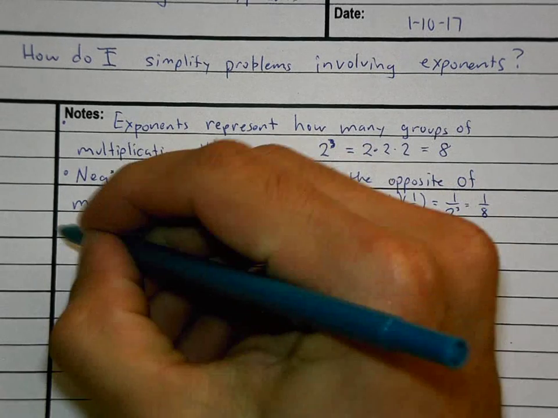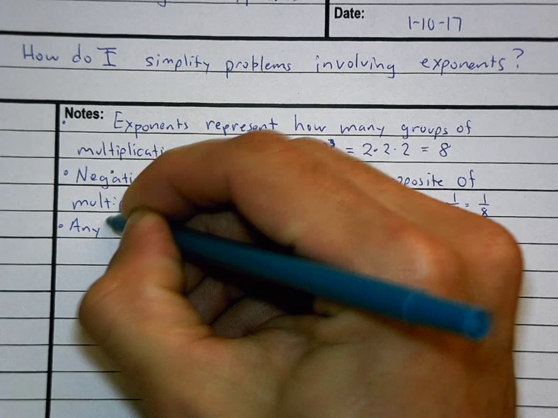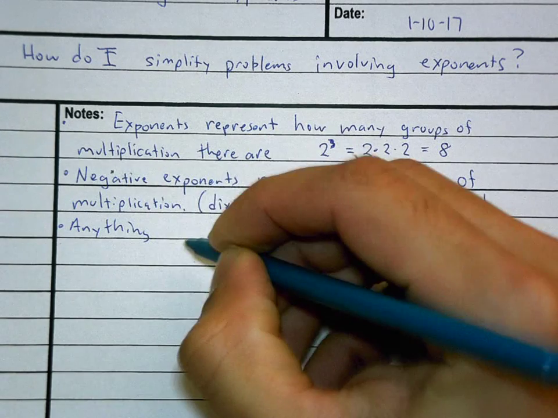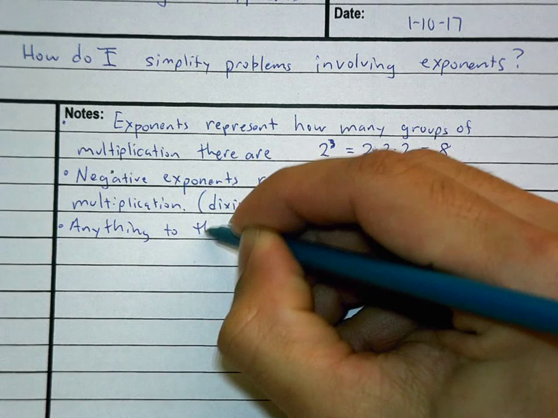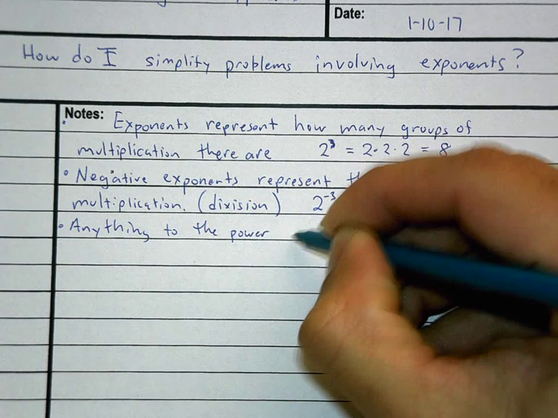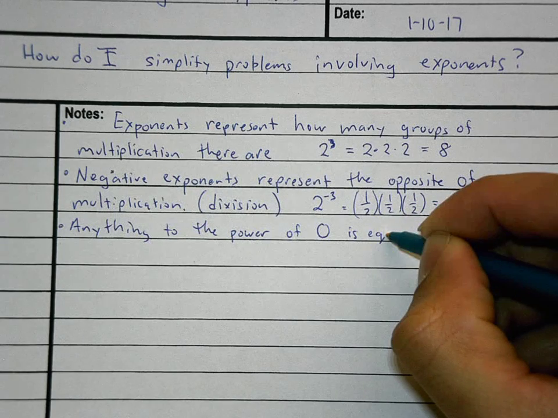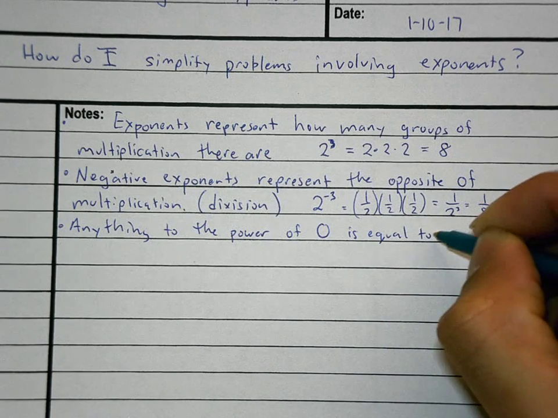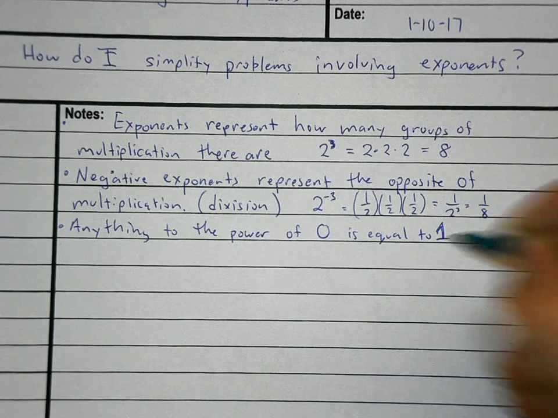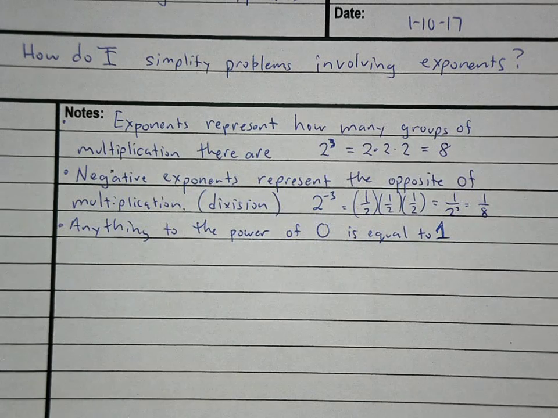Next bullet point. Anything to the power of 0 is equal to 1.